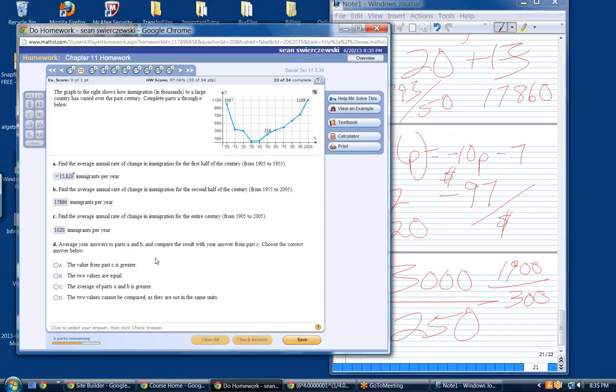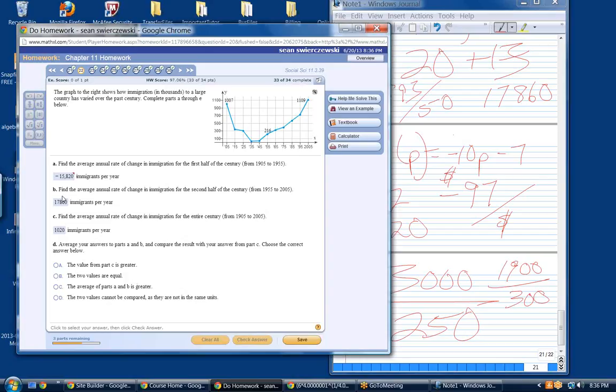Average your answers to part A and B and compare the results with part C. Choose the correct answer below. The value in part C, they're not equal. So the average of parts A and B is greater.